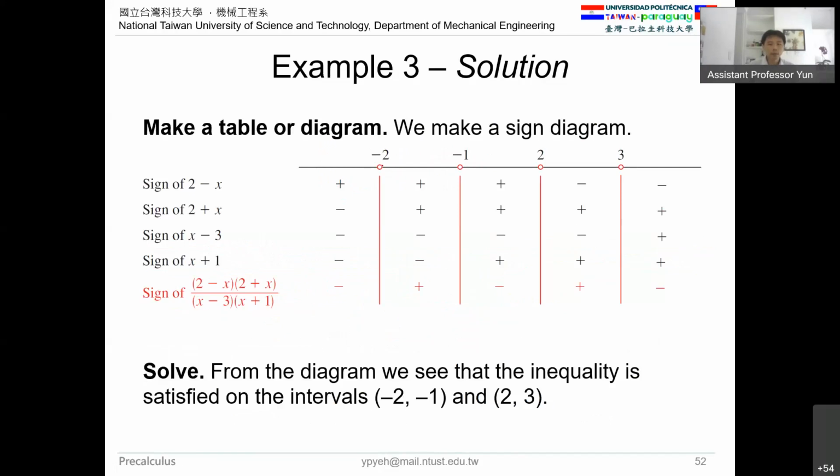After we find the sign of each of these intervals, we will get the total of this function r of x equal to this term, right?